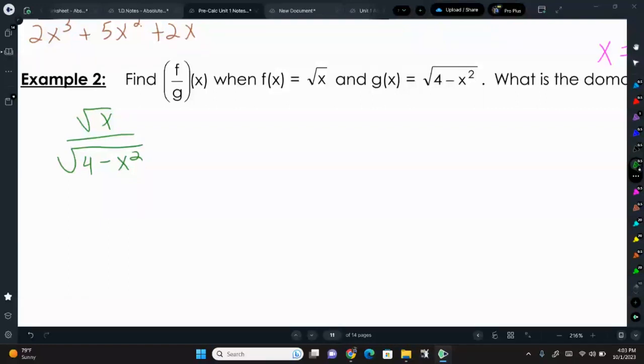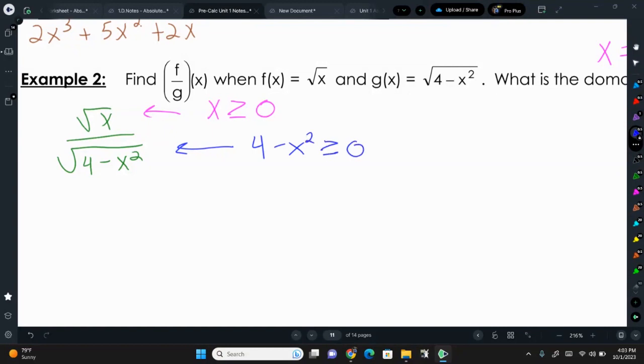So we want to do that. So in the numerator, the domain, it's just the square root of x. So x has got to be greater than or equal to 0 because of the numerator. Then in the denominator, we'd have 4 minus x squared is greater than or equal to 0.